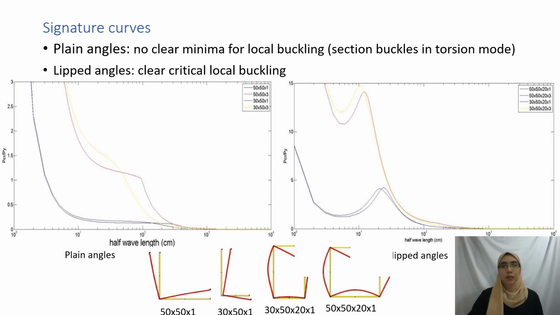For lipped angles, the signature curve shows clear critical local buckling. Increasing the thickness has no remarkable effect on the critical buckling loads, especially for plain angles, other than lipped angles.